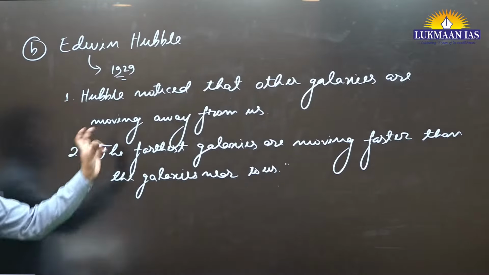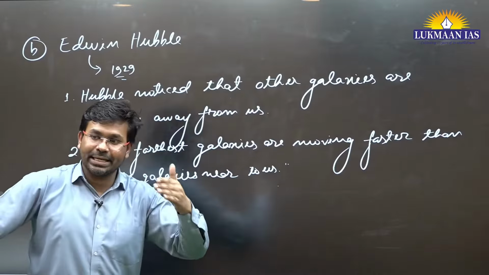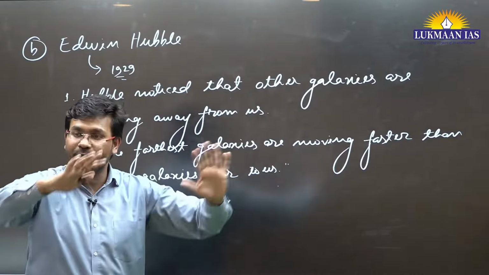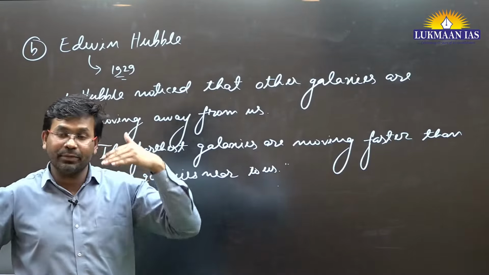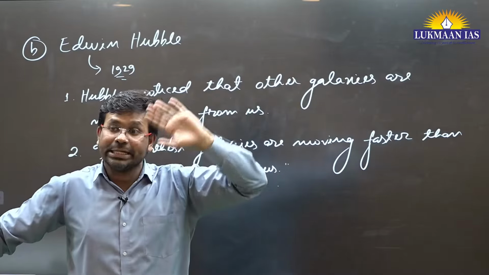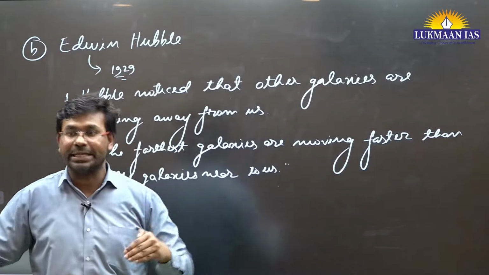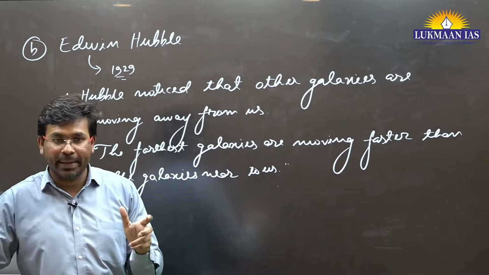This is a very important statement. So he says that all the galaxies that are there are moving away from us, and a galaxy which is very far is moving faster than a galaxy which is near to us. What do we mean by this?